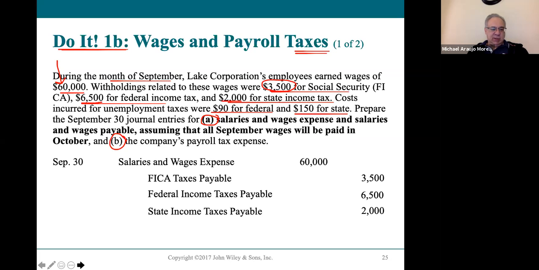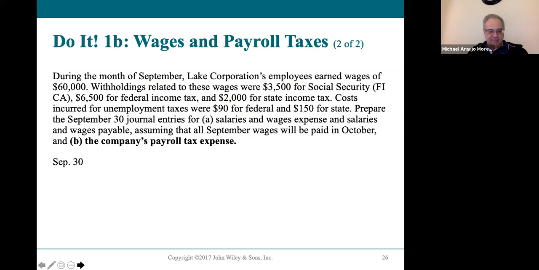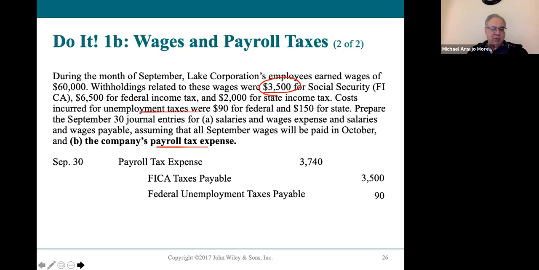The difference is going to be their salaries and wages payable. This is how much cash they're going to need for the checks for that payroll. Okay. And then, of course, their payroll tax expense. Remember, they have to match whatever you put in, plus their unemployment taxes. So here they have a payroll tax expense of $3,740. $3,500 of that is their match to FICA tax payable, and then their contributions to the unemployment system as well, federal and state. Fascinating.